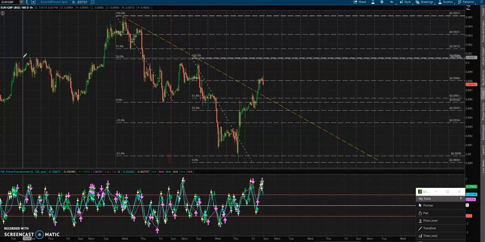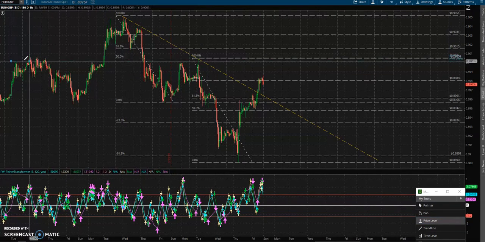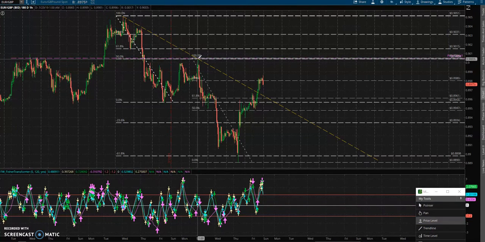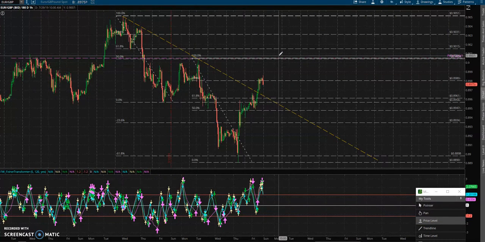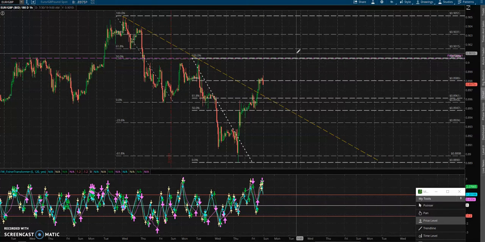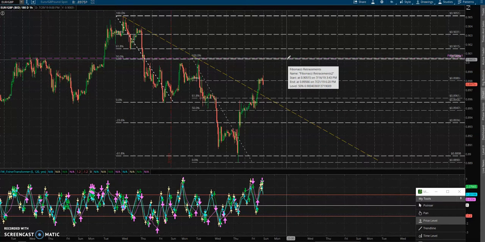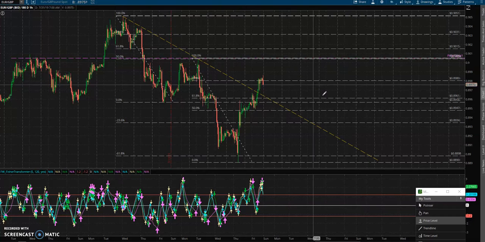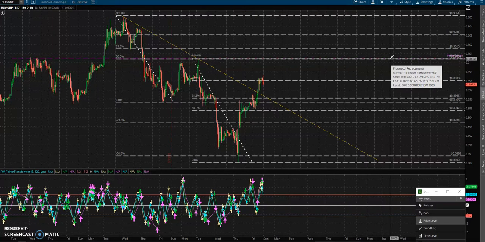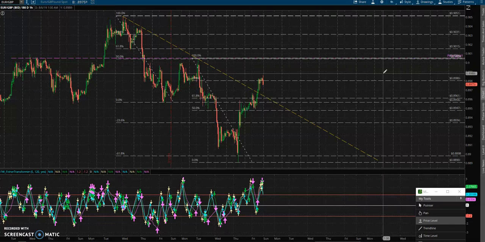That's just because there's more structure to the left here. If you look at right here, you can build more structure. And so right in this region, and then also it's at that nice round number at like 0.900. But that might take a good week or two to see if it's going to make it up to that range.